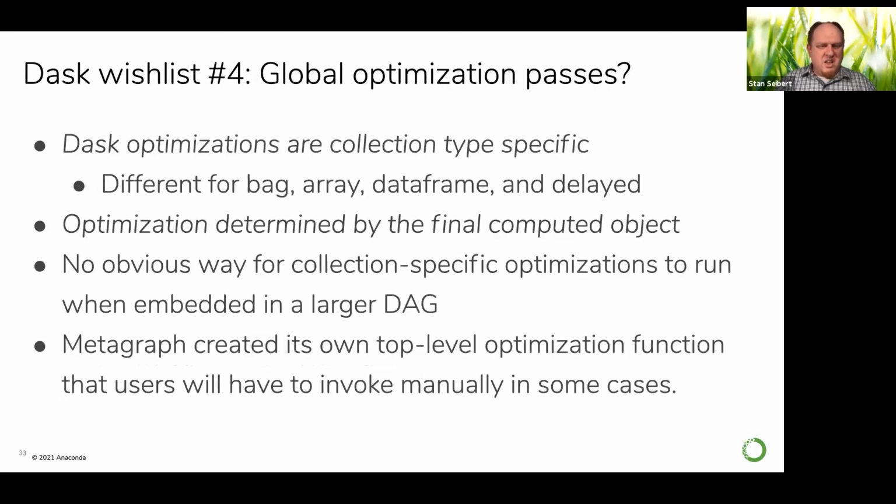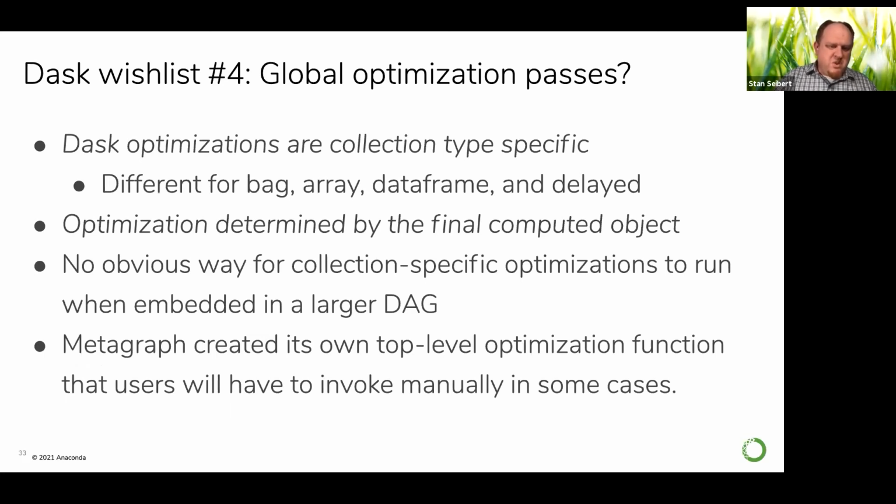Finally, a little bit of a question about global optimization. Dask does optimizations on a task graph before running them, but they're currently collection specific, in that the Dask bag, the Dask array, the Dask data frame, and the Dask delayed all have their own custom set of optimizations they apply to the DAG before execution, which is useful because you maybe want to do different things.